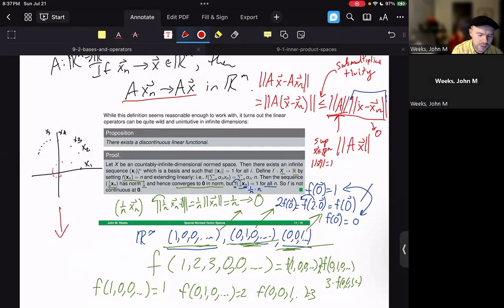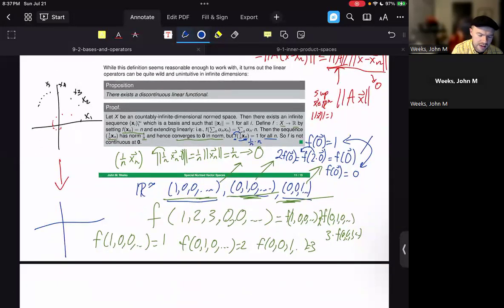But when I map those elements through to where the y values go, all of the y values of the points in red are sticking around at 1. Because of this, they're not converging to 0. So that's the picture that we have for this type of proof.